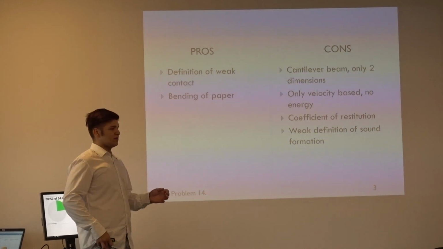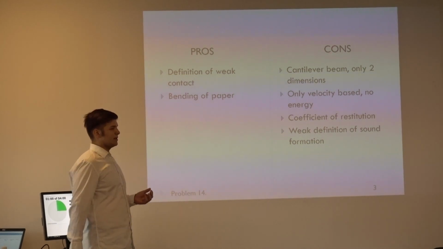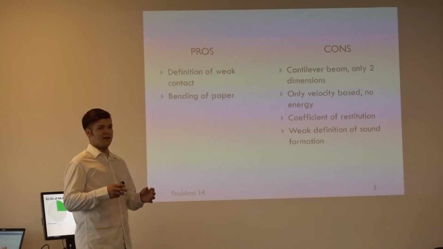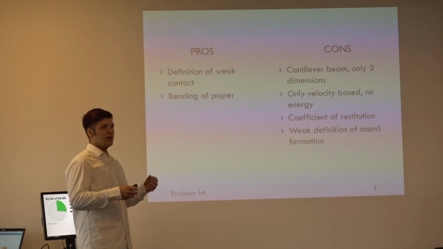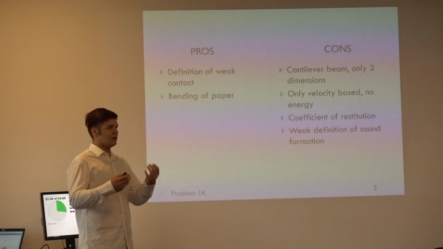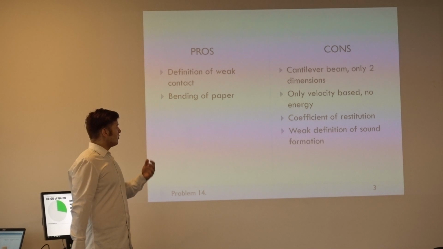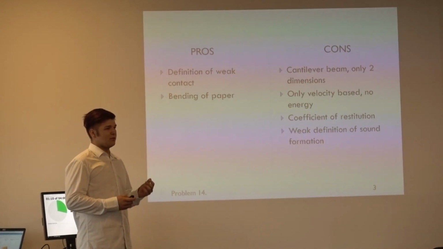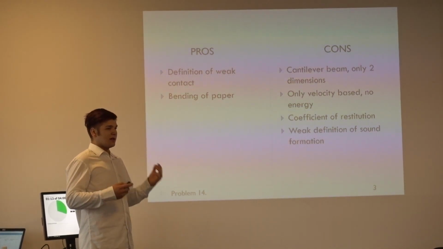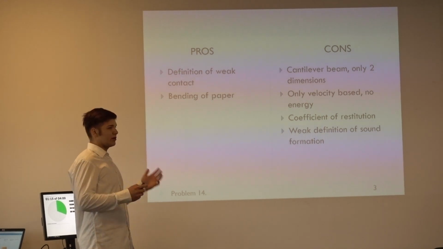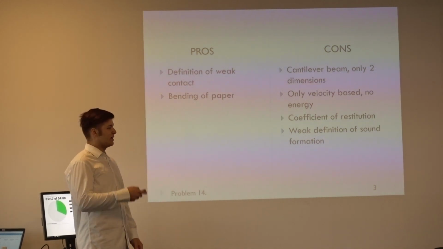Also, I saw some diagrams of velocities, but in the formulas I didn't see any coefficient of restitution or anything similar that would actually describe the collisions a bit better using the velocities. Also, the sound formation definition in the presentation was slightly weak, though better explained in later discussion, which I commend.